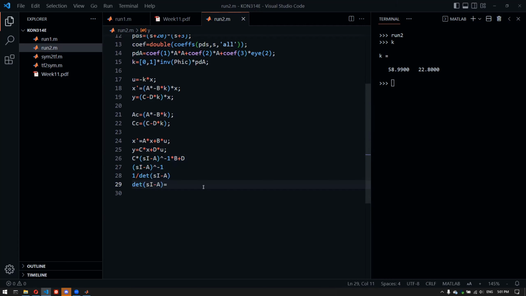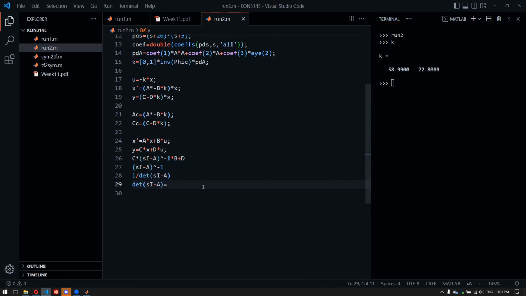You can see that sI minus A here is an eigenvalue problem, and it means that the eigenvalues of A are going to be s here, or the solution to the polynomial. This equation is satisfied when we have the eigenvalues for s. You can just view it from different perspectives here.